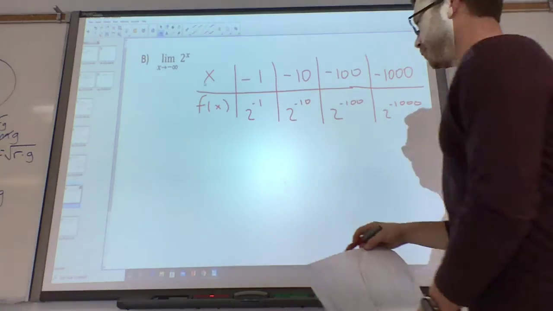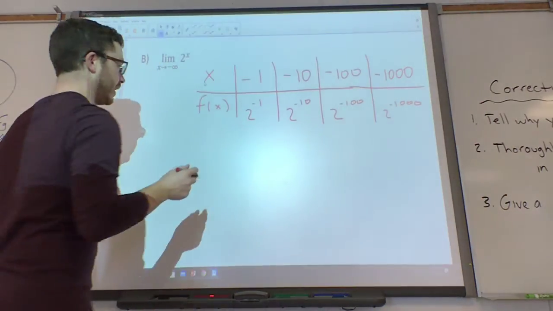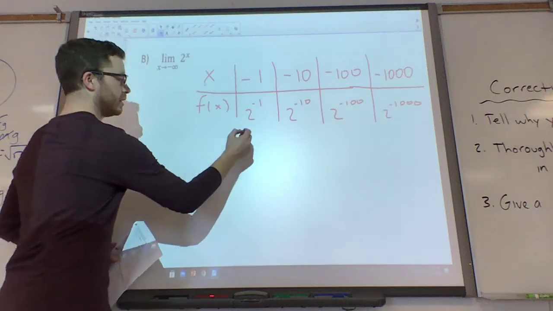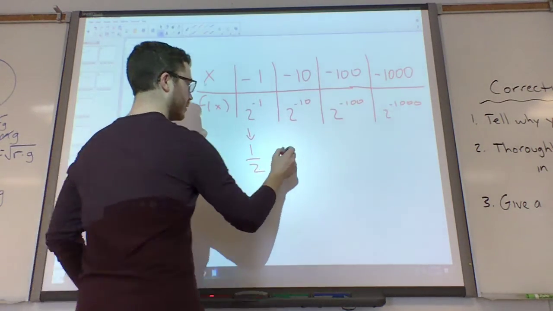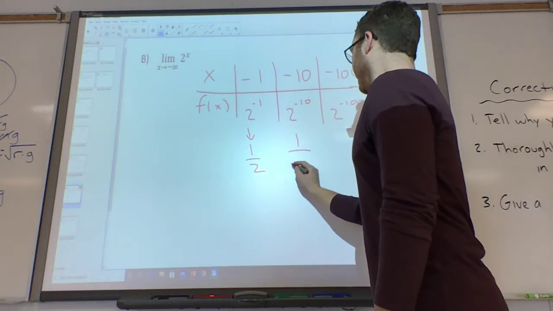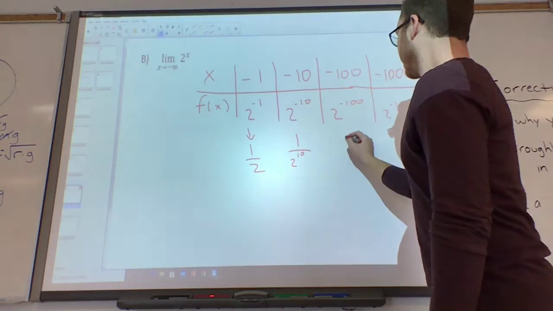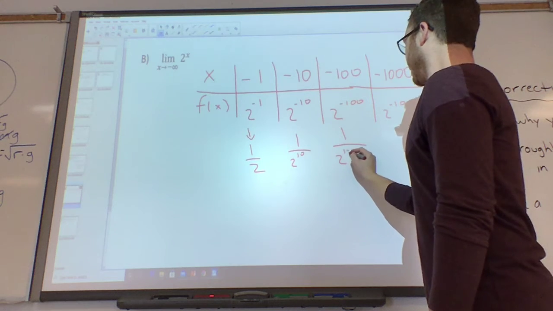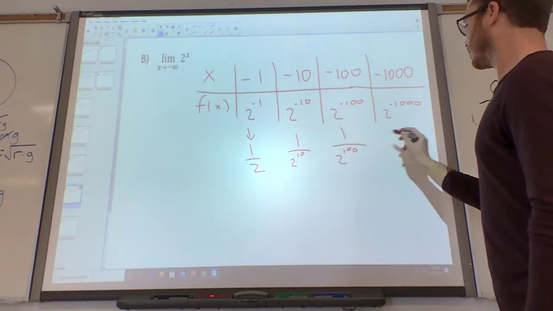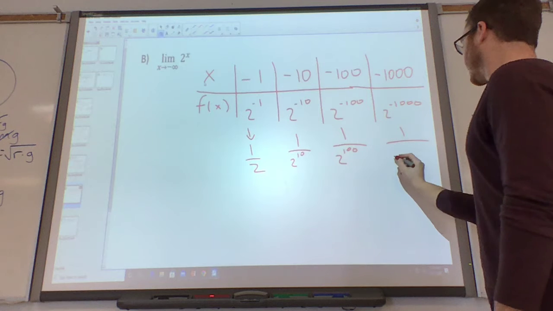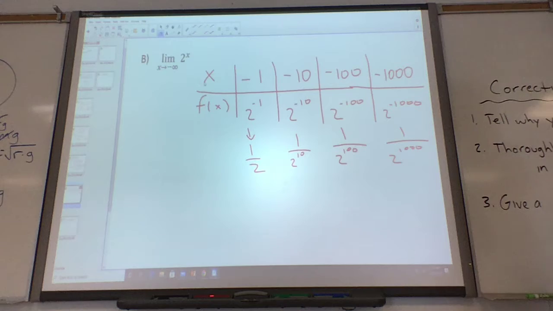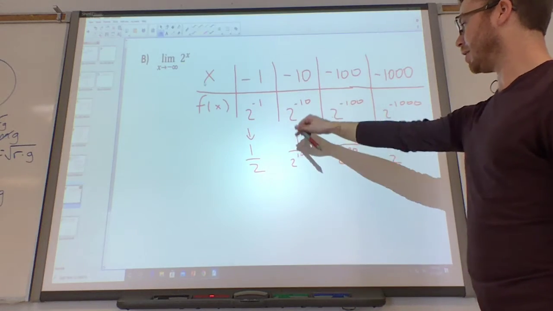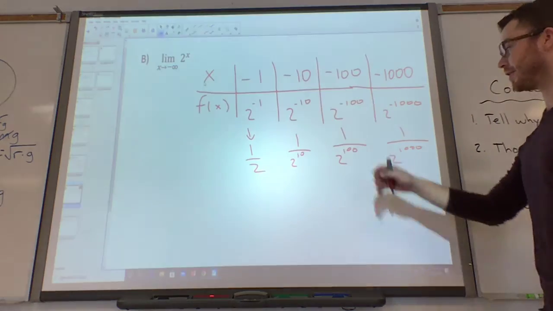And if we were to rewrite this in a different way, this will become 1 over 2, 1 divided by 2 to the 10, 1 divided by 2 to the 100, and then 1 divided by 2 to the 1000. So 1 over 2, 1 over 2 to the 10, 1 over 2 to the 100.